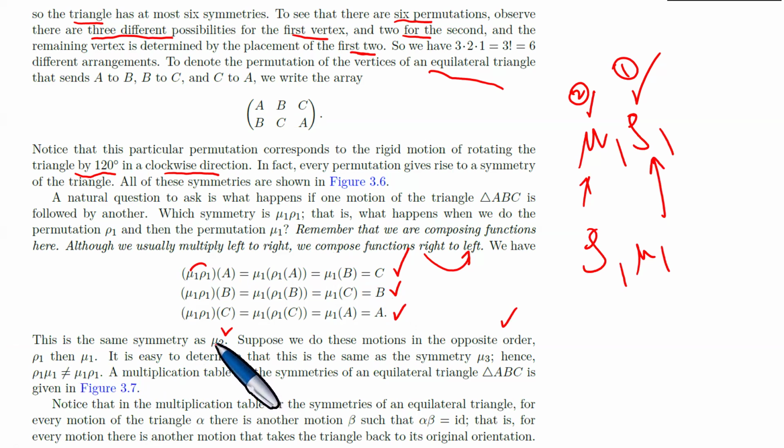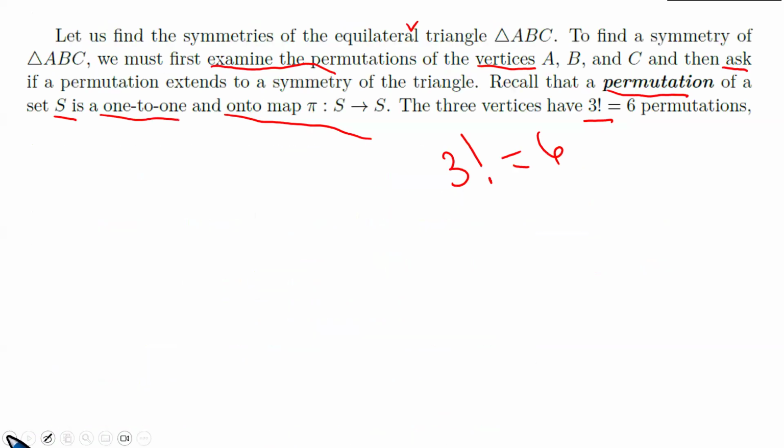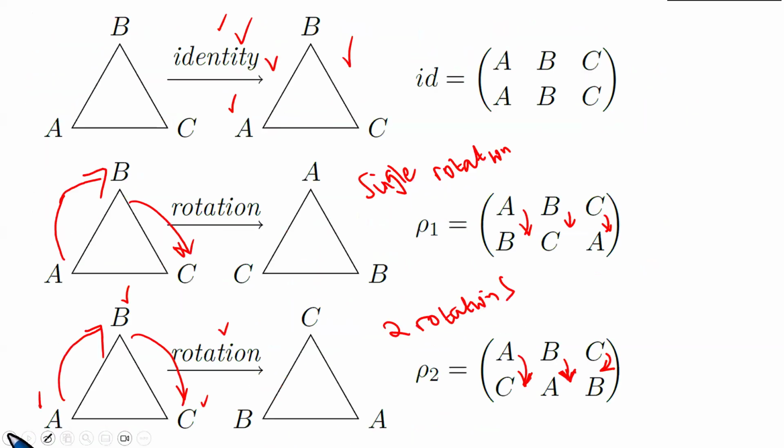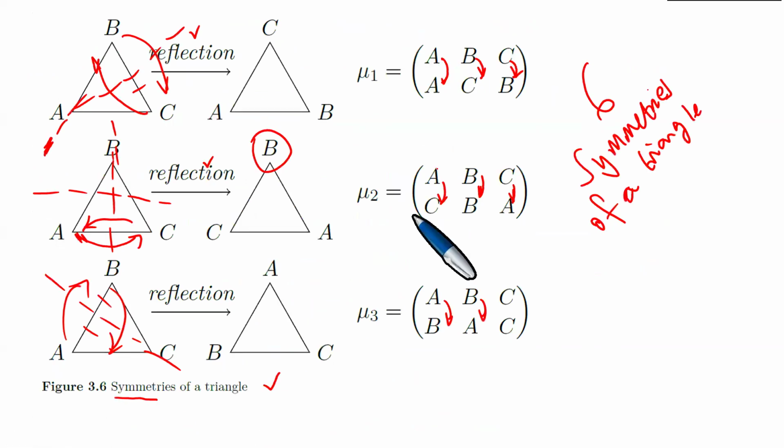Because now you can see, what does mu2 do? It takes A to C, C to A, but fixes B. Let's check. Right, A to C, C to A, but fixes B, it is mu2.